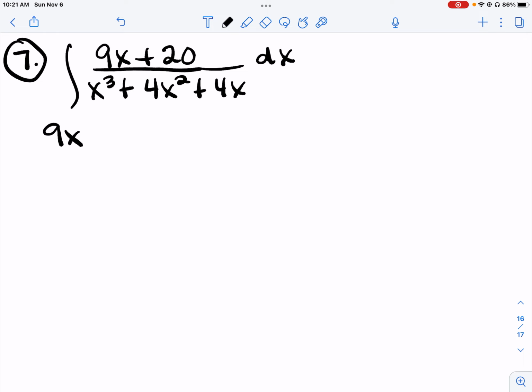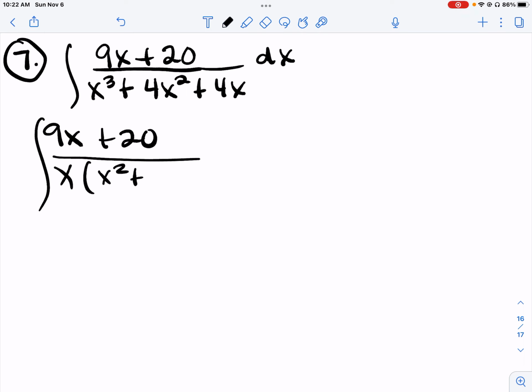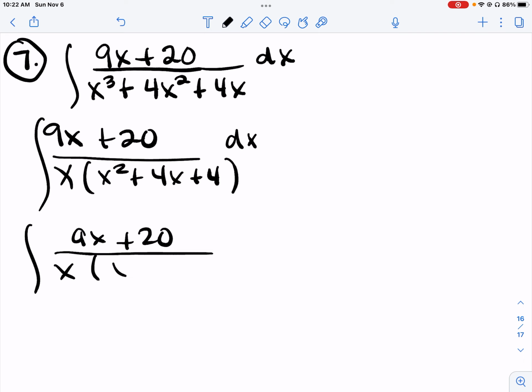Factor the bottom. Take out an x. That's x plus 2 squared. Okay.